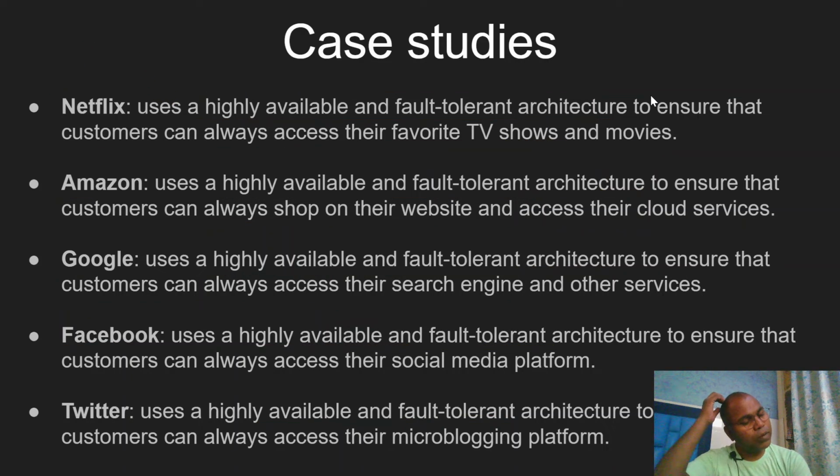Almost all the big players, Netflix, Amazon, Twitter, LinkedIn, have implemented highly available as well as fault tolerant systems, because they don't want data loss or undesirable outputs from their systems.